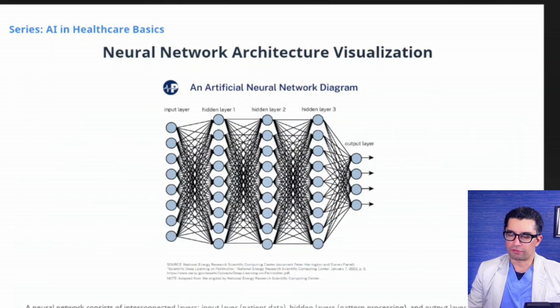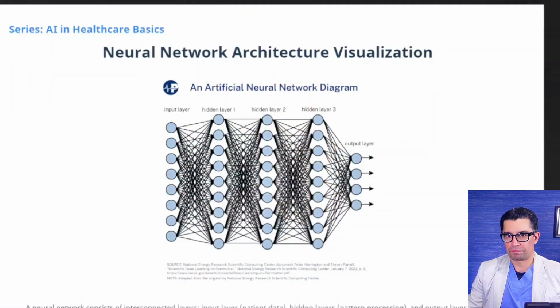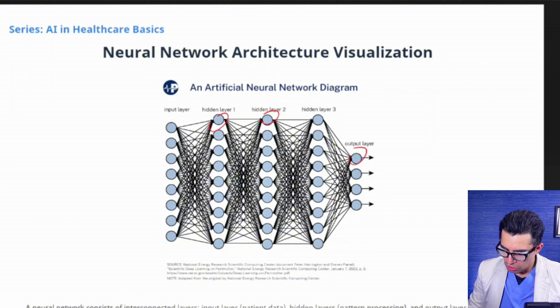Now, neural networks, my friends, are the foundation of healthcare AI. And at its core, a neural network is a set of interconnected nodes. All of these are called nodes. And we can also call them neurons, just like in the brain. And they are arranged in layers.